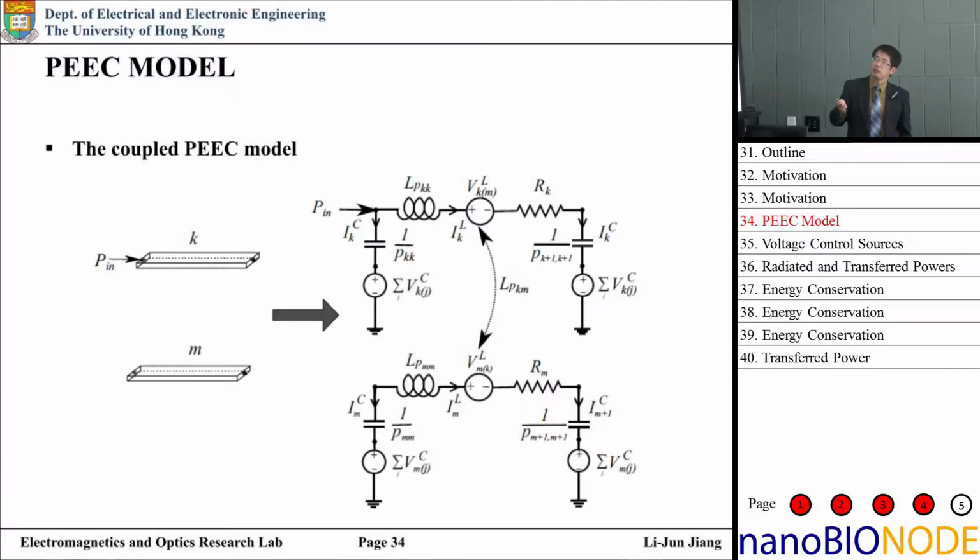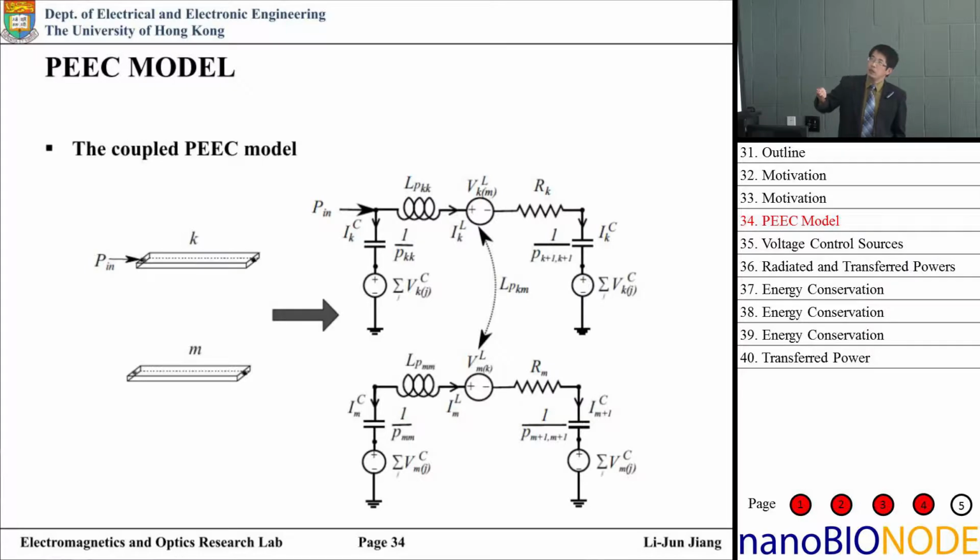There are several representations. Here we use controlled sources, and these controlled sources are used to represent the coupling between different branches. On this inductive branch, the controlled source represents the coupling between inductances, and these are the coupling between the capacitances.